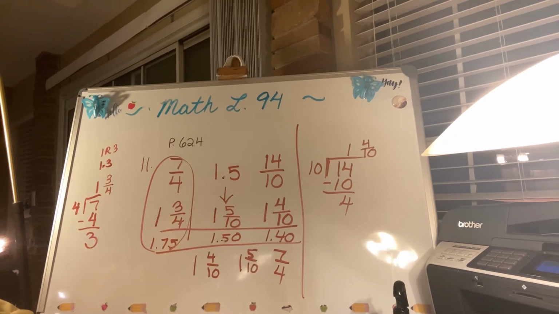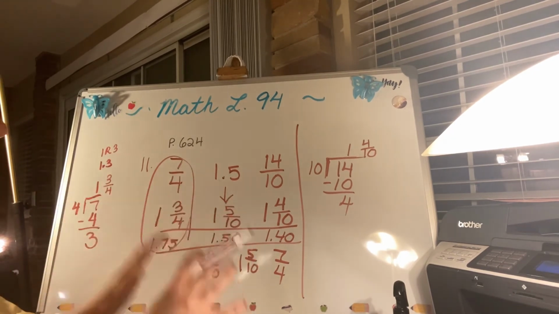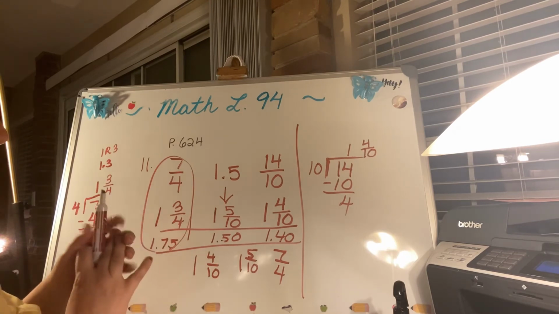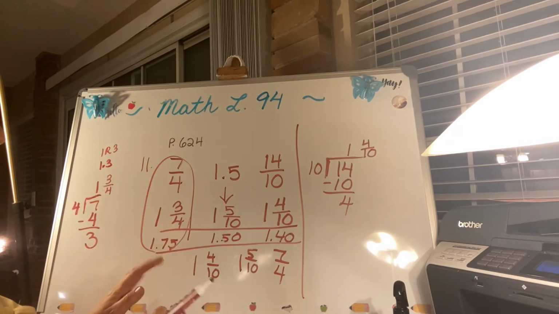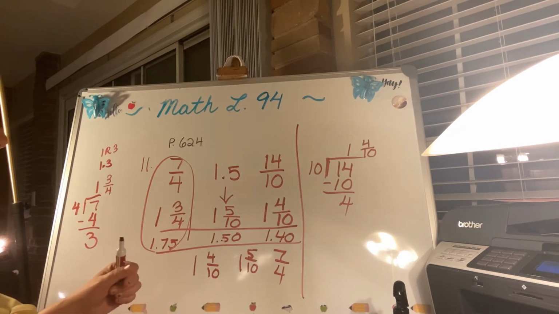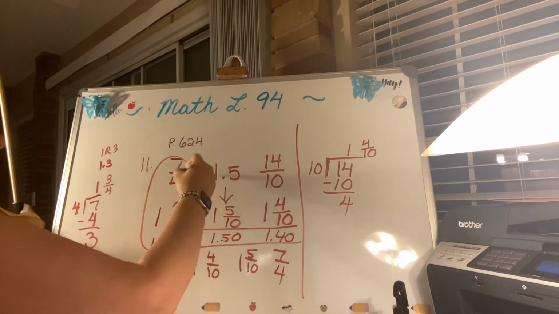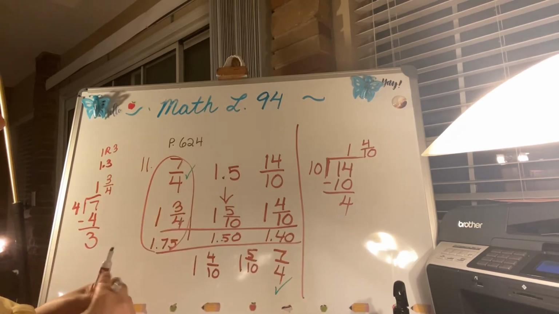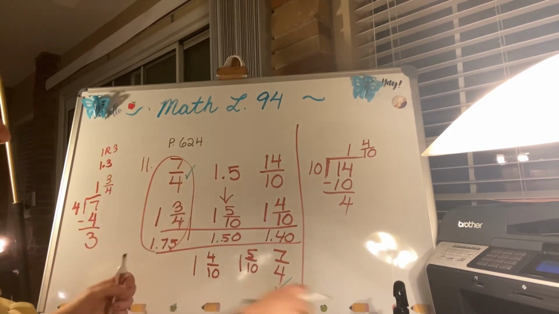so we're going to put that one last. Now we have to go back to making sure that we put the original first numbers. So this was the original 7/4. I got that down here. Do I have 1 5/10?